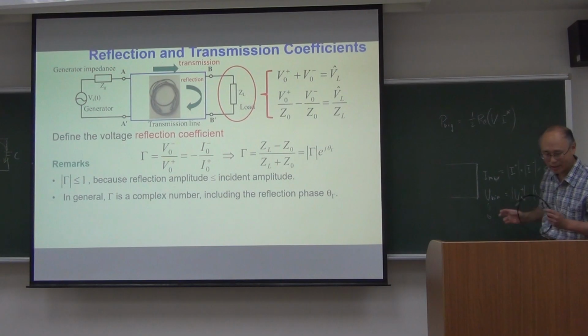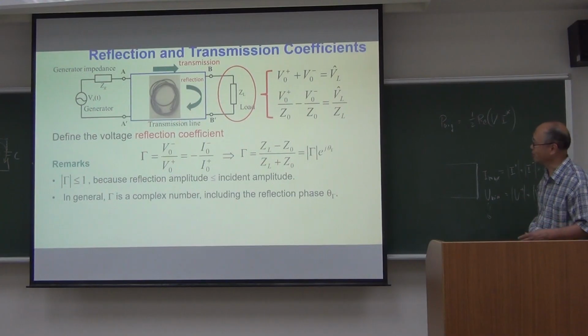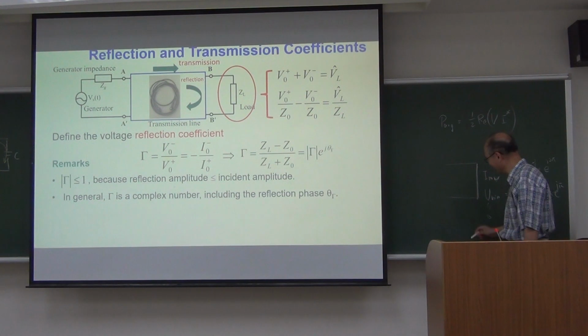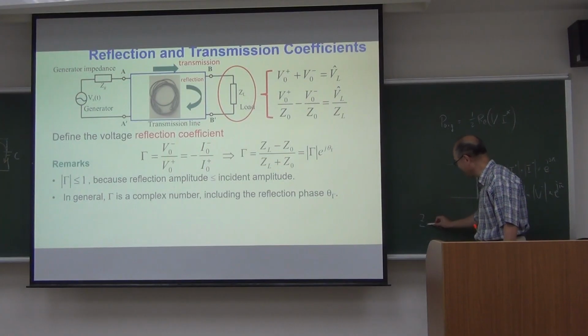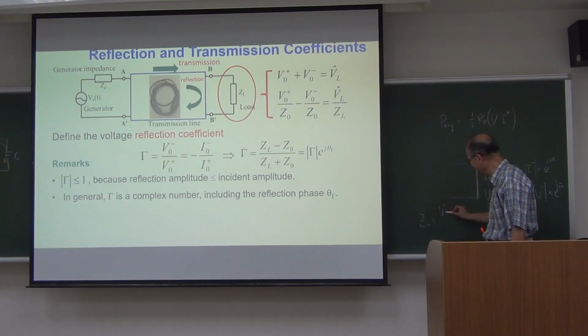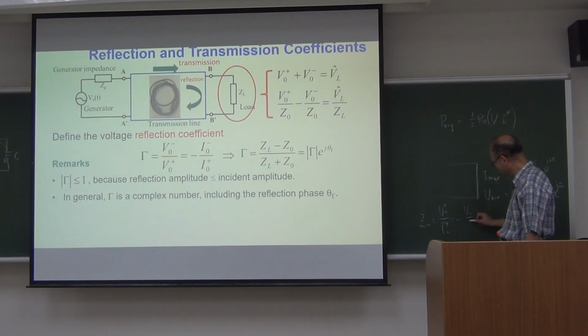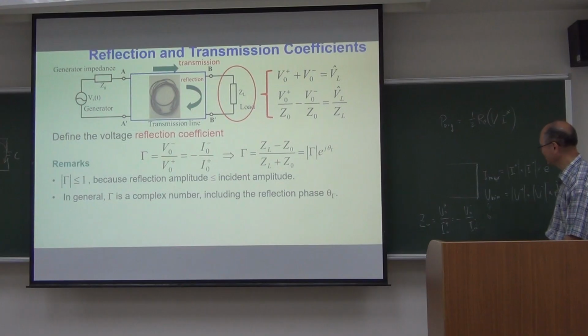We're going to talk about this in a moment. At this moment, I just give you a little bit of sense, but the rigorous derivation in fact comes from the definition of characteristic impedance. Yeah, the rigorous definition is from this expression.